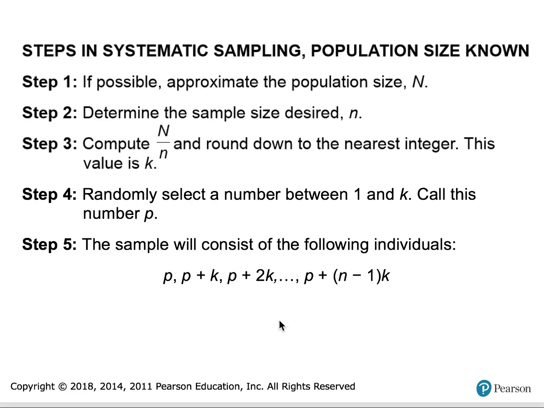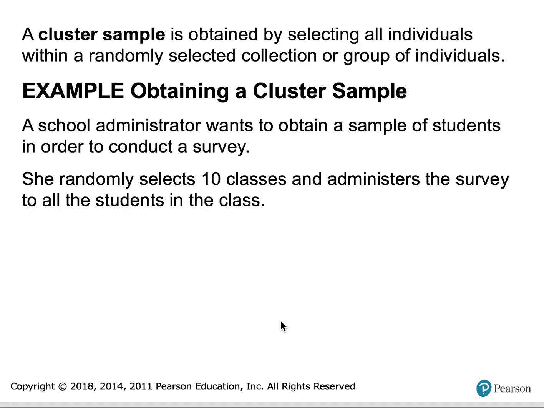A fourth sampling method is called cluster sampling. Like the previous three sampling methods, this method has benefits under certain circumstances. Okay, a cluster sample is obtained by selecting all individuals within a randomly selected collection or group of individuals.